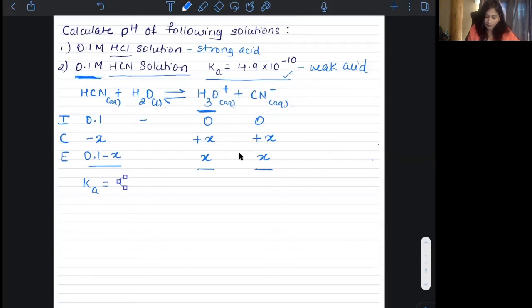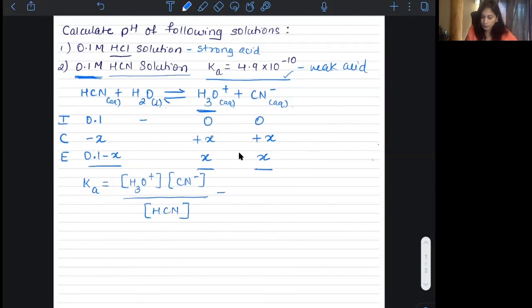So in this case, I'm going to be looking into the concentration of hydronium ions multiplied by the concentration of CN minus divided by the HCN concentration. And remember, this is all at equilibrium because the Ka value is calculated at equilibrium.